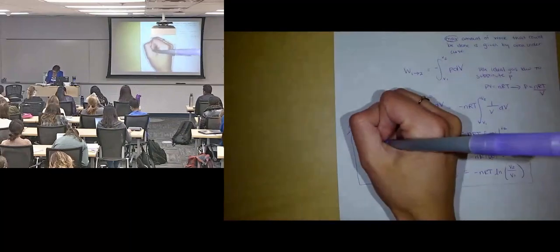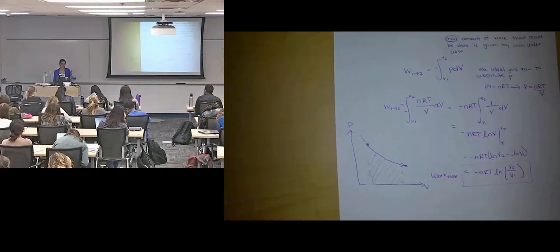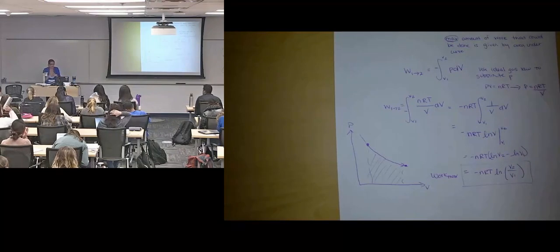In order to accomplish this, you would actually have to go infinitely slow, right? You would have to stay as close as possible to equilibrium at every point. You'd move some infinitesimal amount and you'd wait for equilibrium to be achieved. And you'd move some infinitesimal amount and wait for equilibrium to be achieved. This is not real. It's not even possible to have this happen, right?